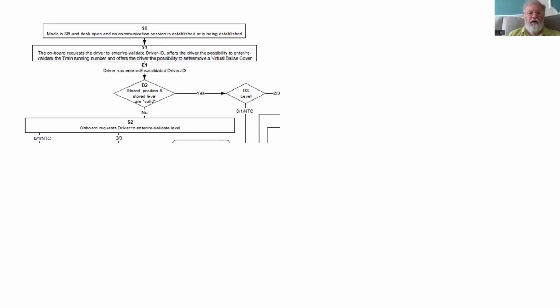And so the question is, are they stored valid? If they are not valid, then the driver is going to be asked to enter the level and the train will be treated as having an unknown position. If, however, they are stored as valid, then we have a decision depending on whether we are operating in level 2/3, in which case we need to contact the RBC, or in level 0, 1 or NTC, in which case we don't.